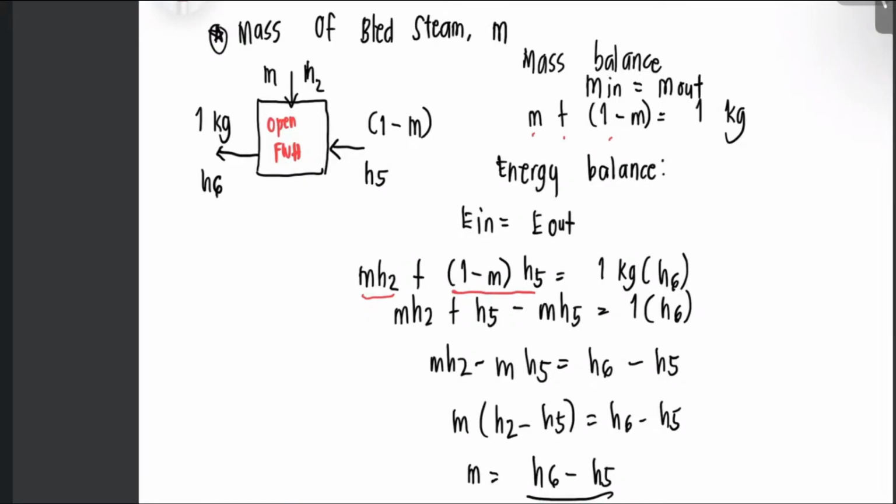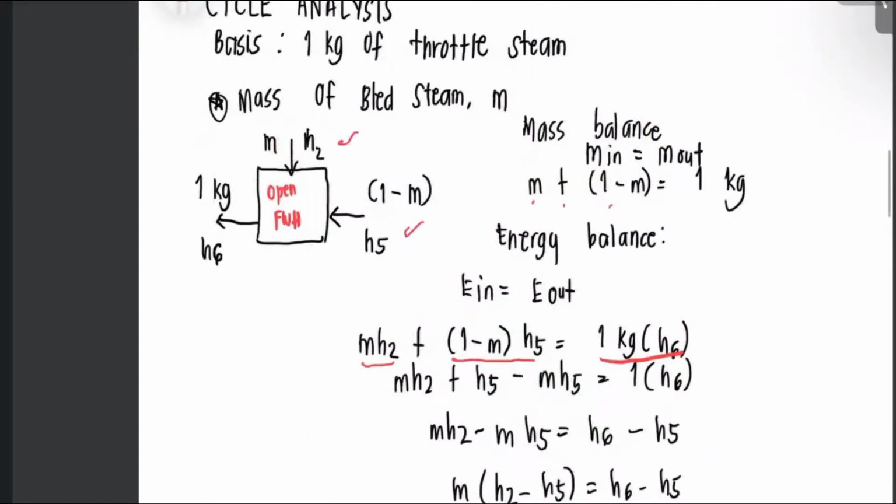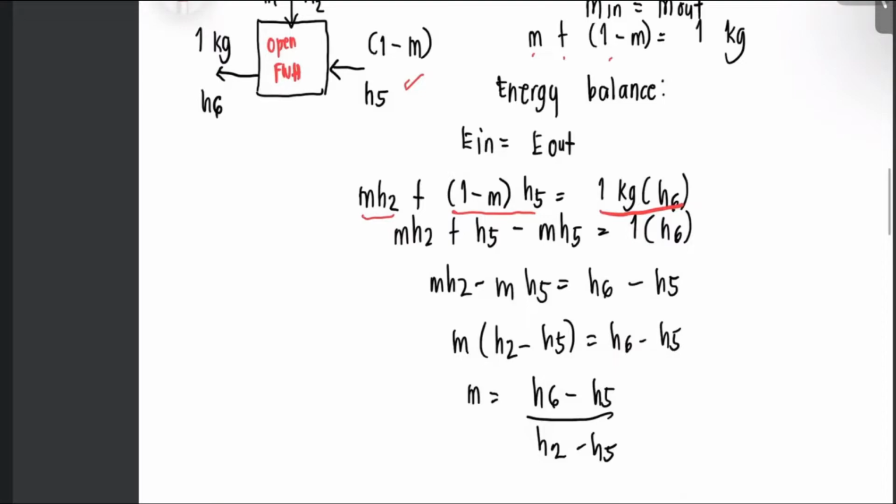So, ito class yung entering natin, ha? Entering. Ayan. Lapit-lapit lang. And the leaving energy now is equal to the 1 kilogram of the enthalpy at 6, given yung parameters natin. Okay, simplification, we have now the mass of the bleed steam.